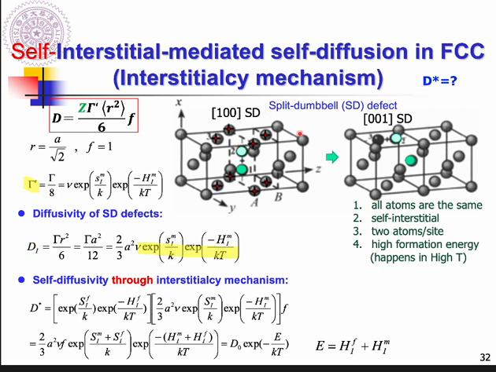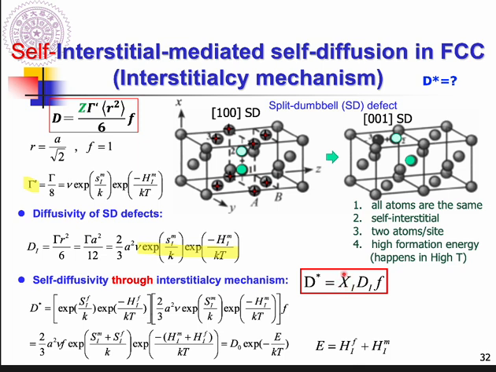So the host diffusivity will depend on how many split dumbbells I have, right? Because this diffusion is actually driven or motivated by this split dumbbell, it is the same idea as what we learned in the vacancy-mediated one, where diffusion is through the vacancy, but here it is through this split dumbbell.